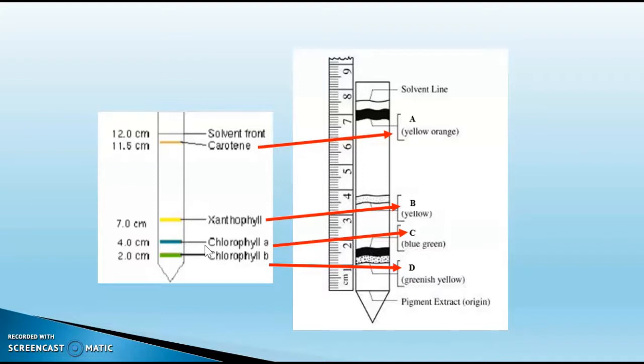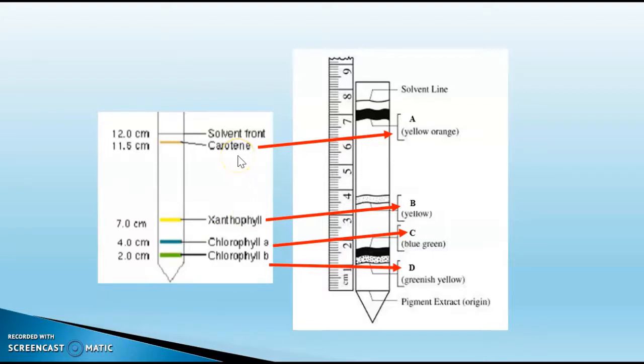Chlorophyll B is blue-green in color. The third type of pigment that is distantly away from the point of origin, which is visible to us in yellow color, is identified as the xanthophyll.